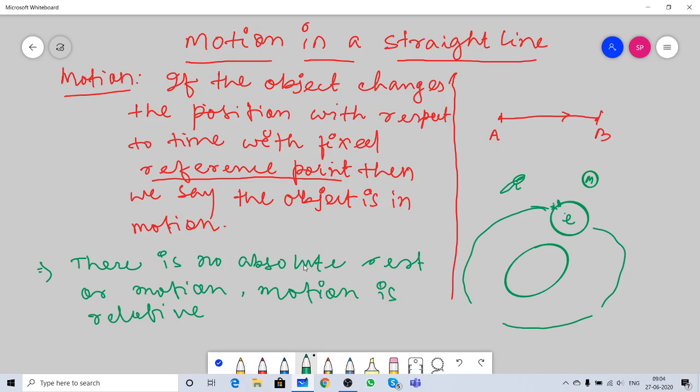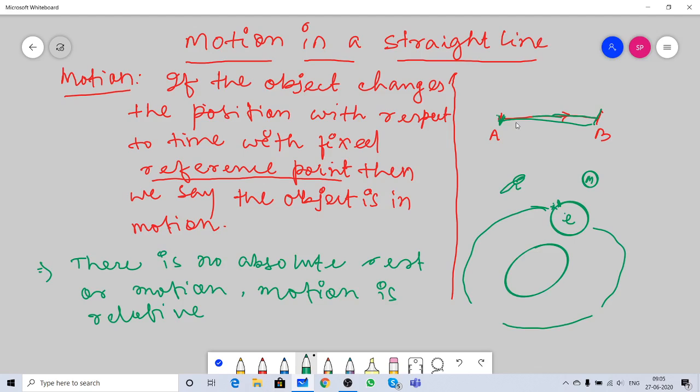So that's why, as you see in the definition, if the object changes the position with respect to time with a fixed reference point, then we say the object is in motion. So the object has to change the position, and we have to mention a reference point, with respect to whom the object is moving, then we say the object is at rest or in motion.